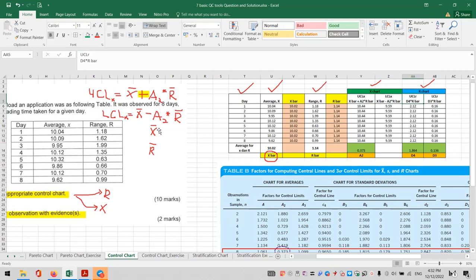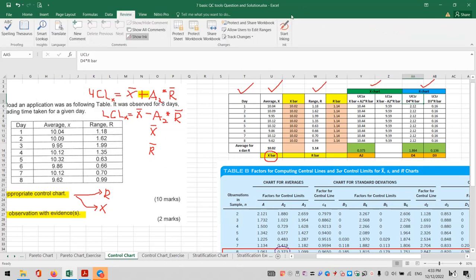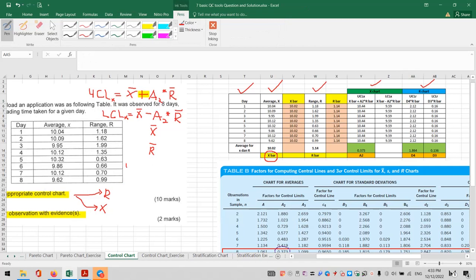The formula for the R chart is upper control limit UCL R equal to D4 times R bar.